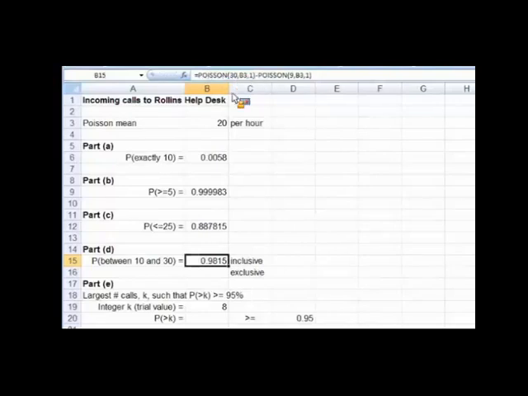It's going to be 29. So I'll start out with Poisson of 29, lambda 1. And then what am I going to subtract? Well, in this case, I no longer want 10 retained in the probabilities I'm keeping. So I'll now subtract Poisson of 10, lambda 1.